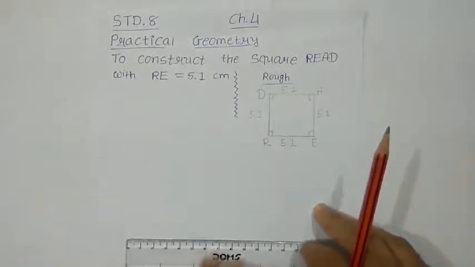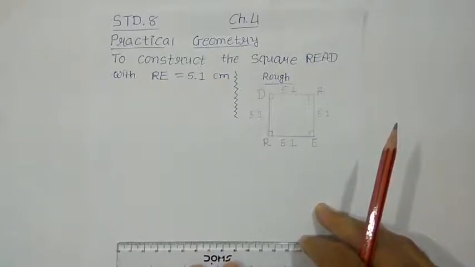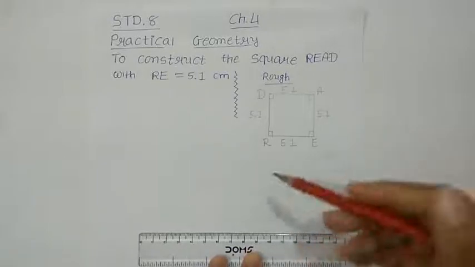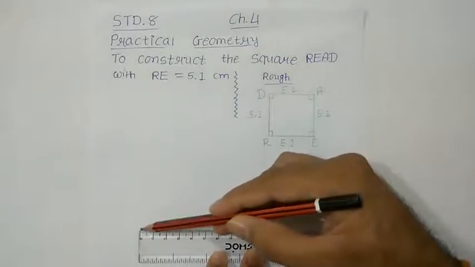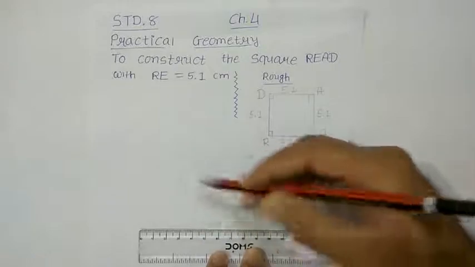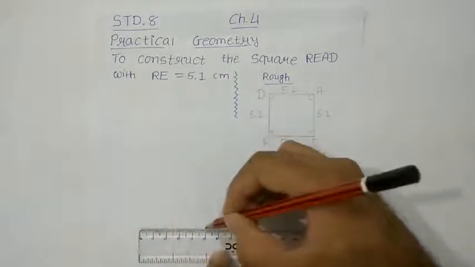RE is 5.1 centimeter. So on the scale, measure the distance of 5.1 centimeter. See, this is 0, this is 5 and 5.1. So this distance represents exactly 5.1 centimeter.